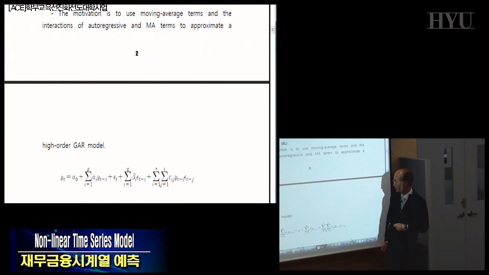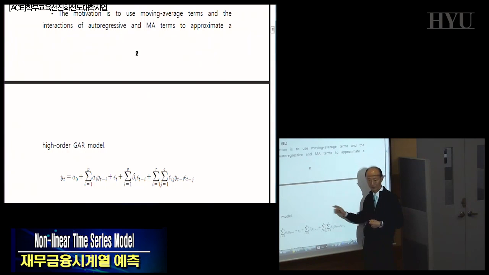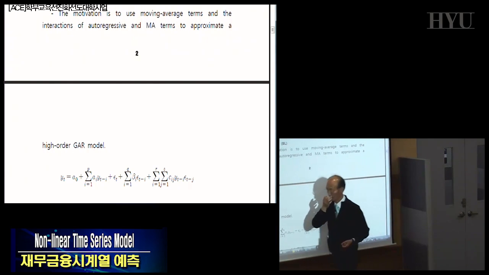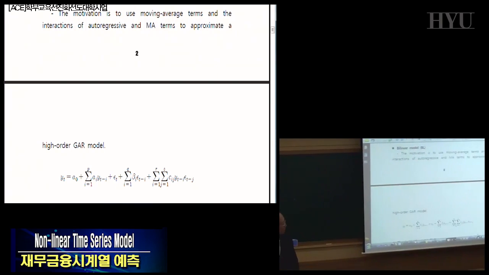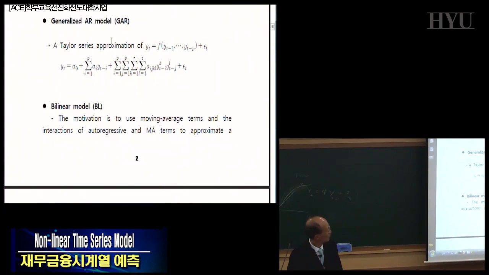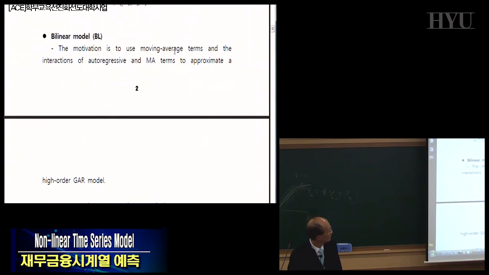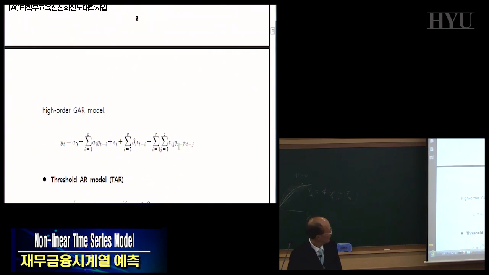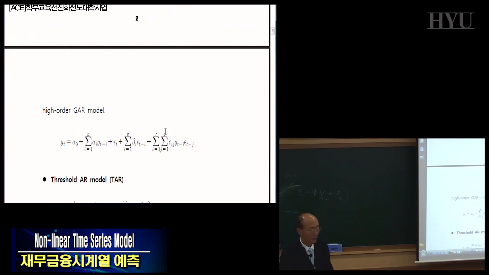Okay. So by introducing various combinations of these, maybe you could approximate this one. Right? Come to think of it, because of this feature, it could be y as long as it is a lagged variable. There is no limitation about how to write this type of model in terms of cross products between lagged y and epsilon, or lagged epsilons.